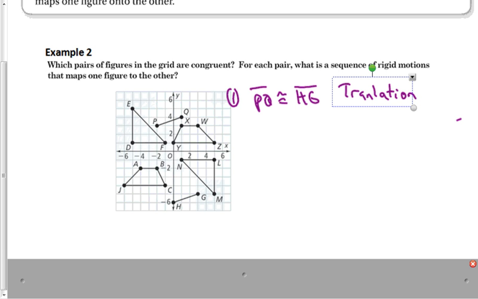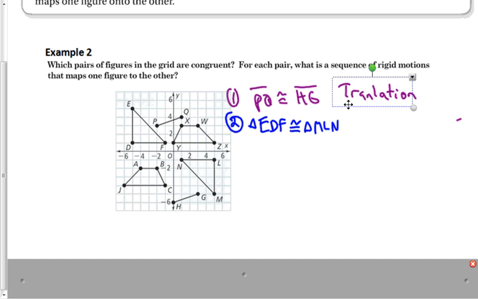Okay? All right, let's do another one. I think triangle EDF is going to be congruent to triangle MLN. And the transformation there, you could do a couple different ones because you could probably reflect over a couple lines and translate.